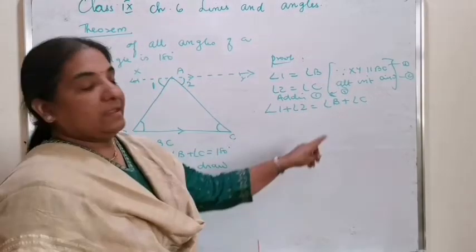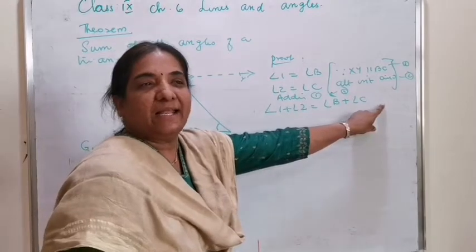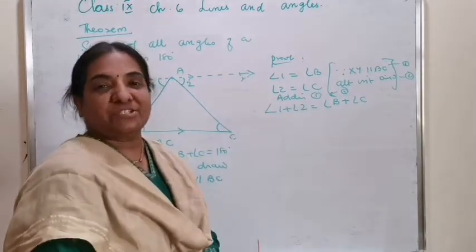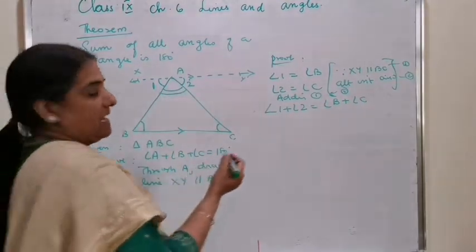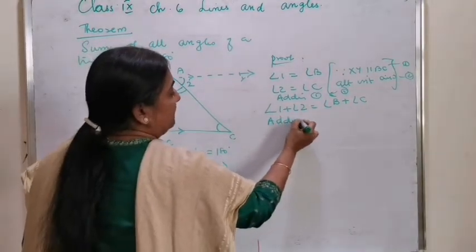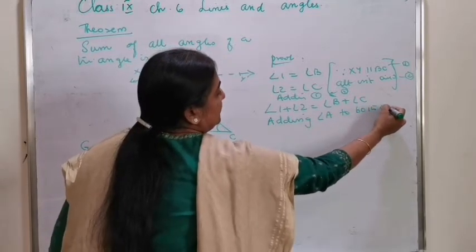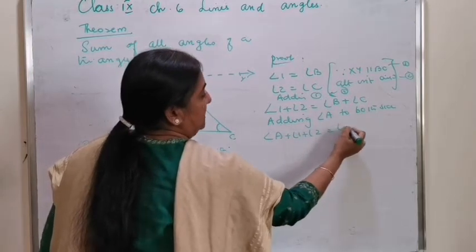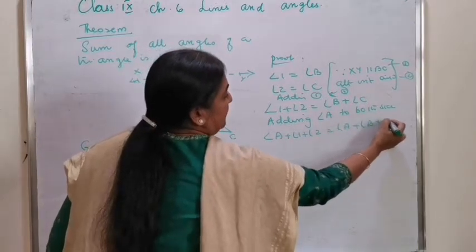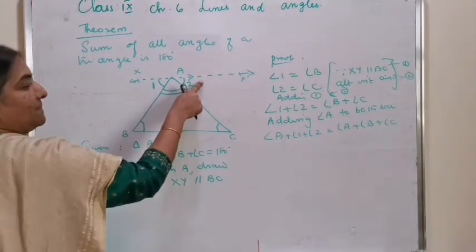And now, here angle B plus angle C has to be added with angle A. Similarly, the left side also has to be added because angle A is a common angle which can be added. So, adding angle A to both sides, angle A plus 1 plus 2 is equal to angle A plus angle B plus angle C. But what is angle 1 plus angle A plus angle 2?